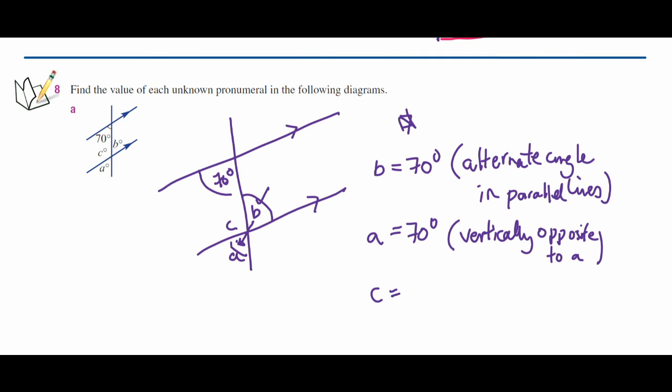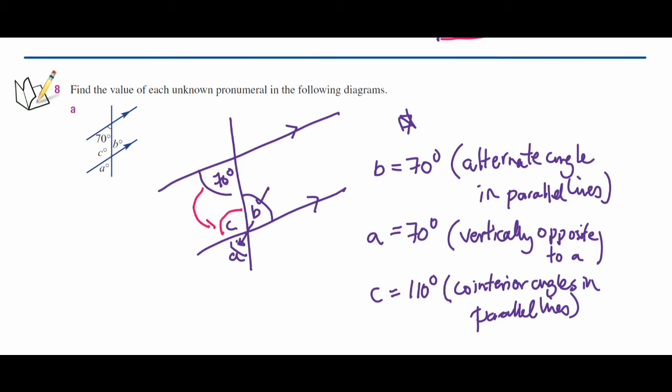I'm going to do C. Now there's lots of ways I can do the C's. I could just say it is 110 because it is cointerior angles in parallel lines. Lots of other reasons it could be 110.